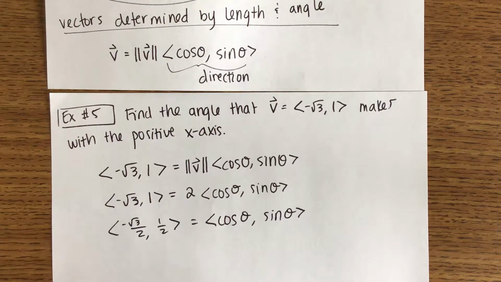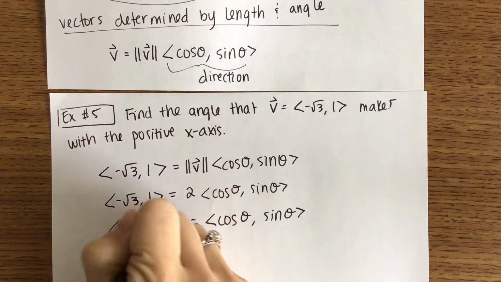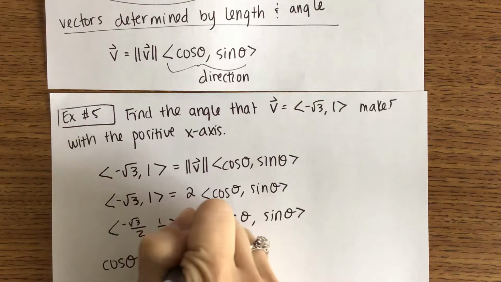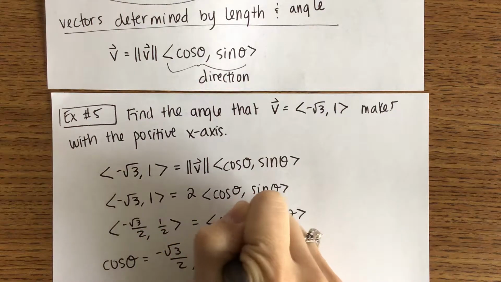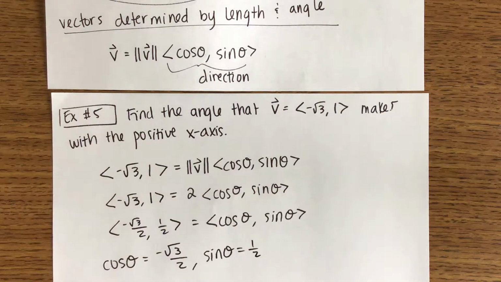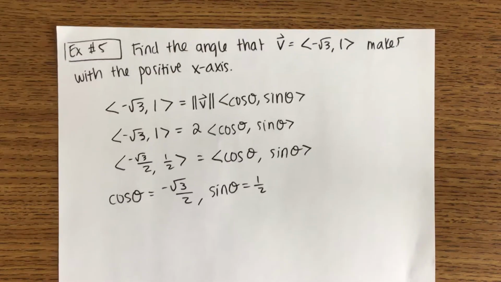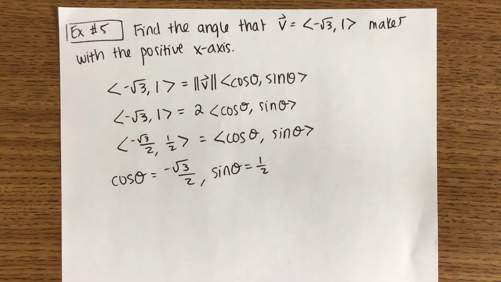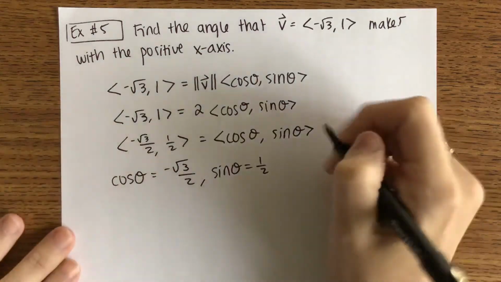So this tells us 2 pieces of information. It tells us that cosine of theta is negative root 3 over 2, and that sine of theta is 1/2. Therefore, what is theta? 5 pi over 6.